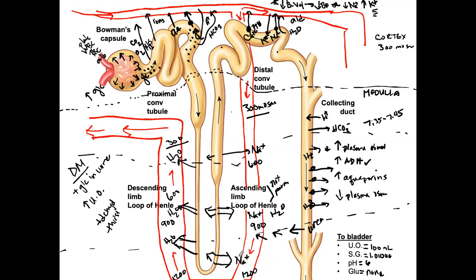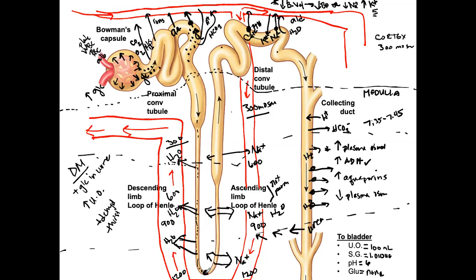So let me recap. As urine flows through the descending limb of the loop of Henle, water gets pulled into the interstitium and into the bloodstream. The more deep you go, or the further down you go into the loop of Henle, the more water gets pulled out. And so what would you expect to see for urine concentration right here?